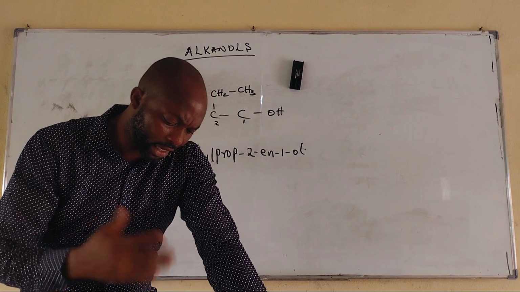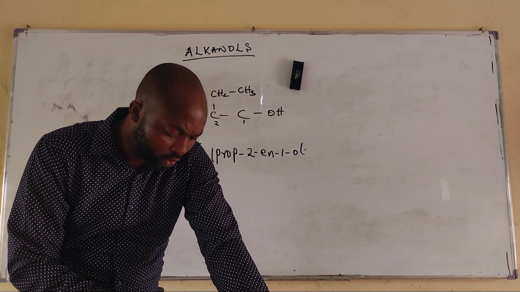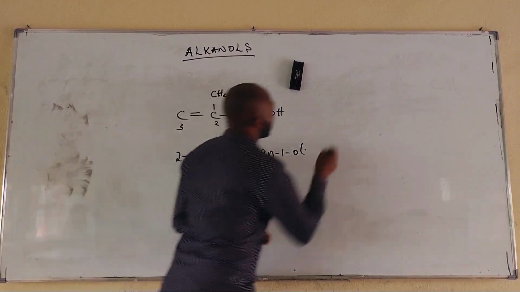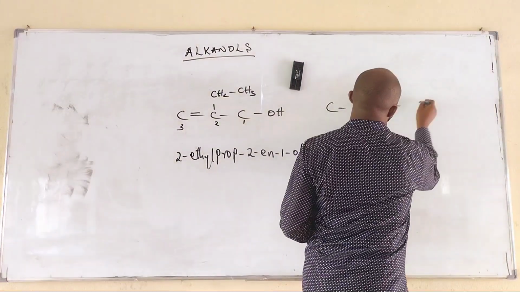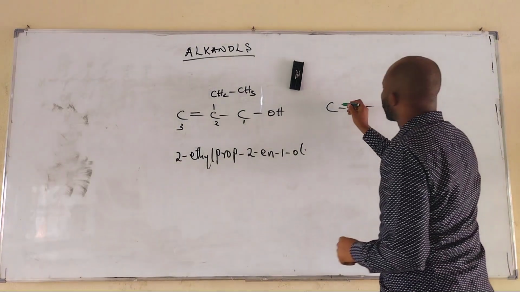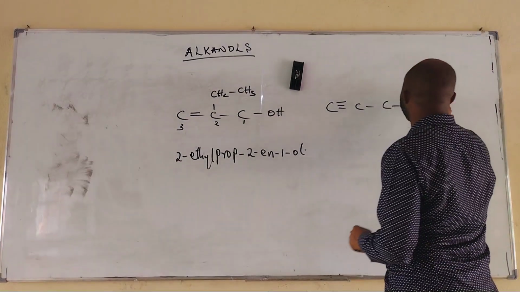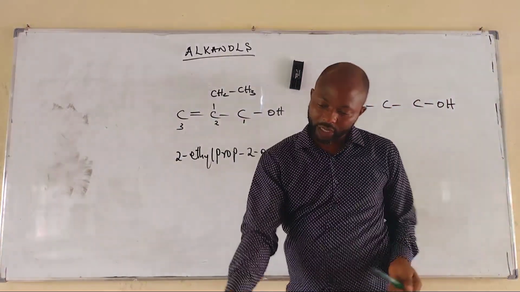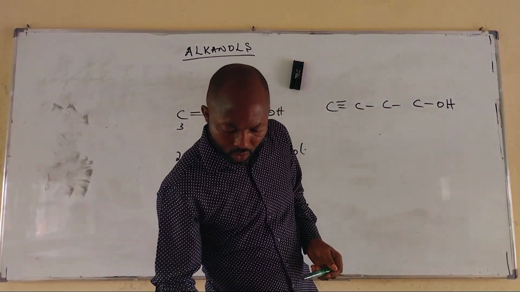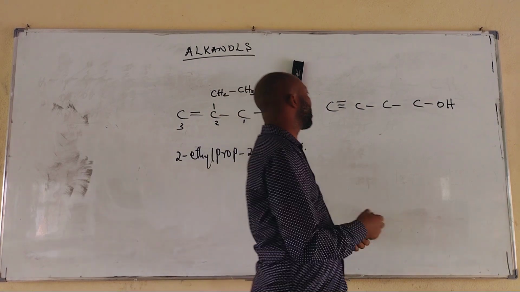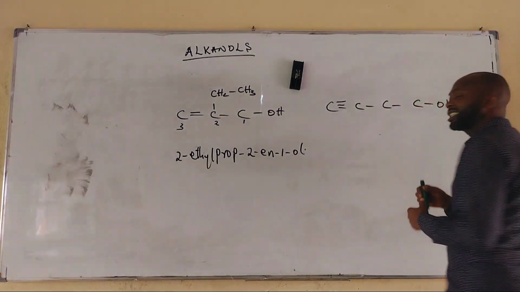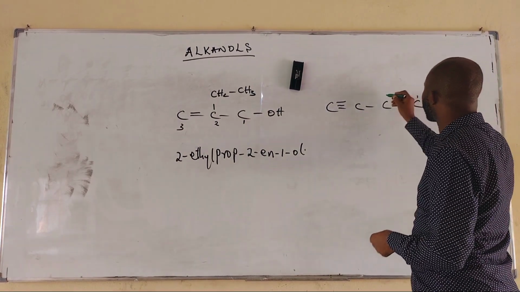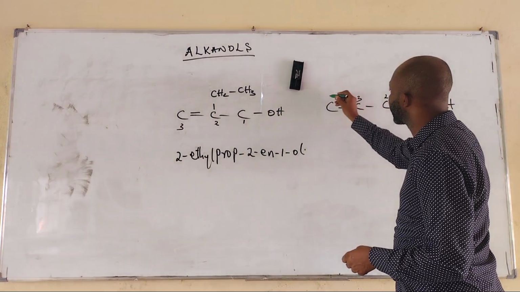Let's take another one. We have 1, 2, 3, 4. Here is a double bond, a triple bond. This is my OH. Let's check, that is all. 1, 2, 3, 4. Okay, now, since our OH takes precedence over this, this is our position 1, position 2, position 3, and position 4.